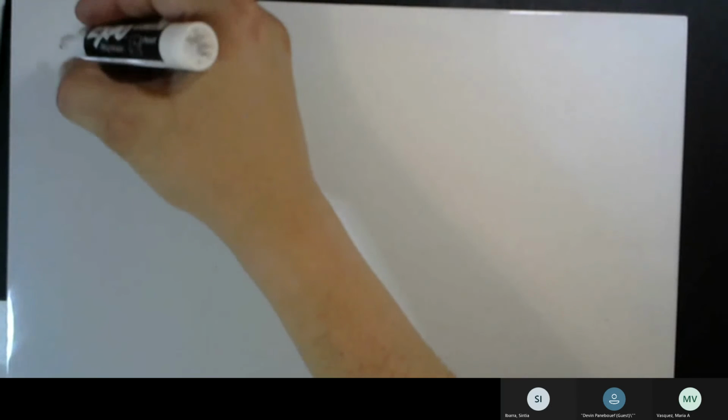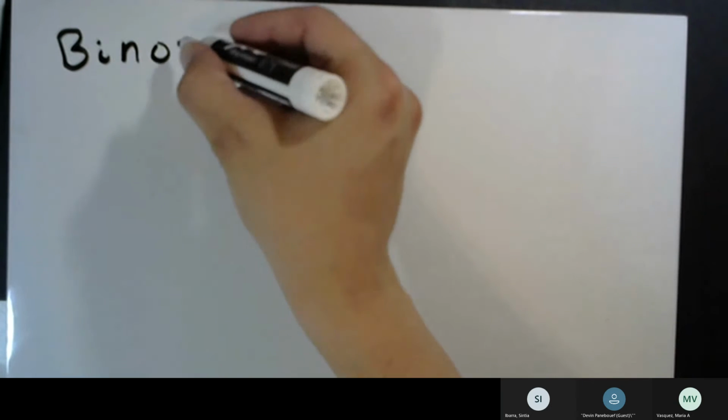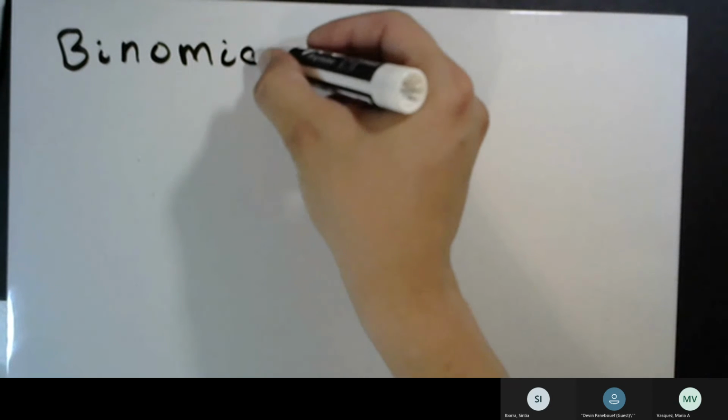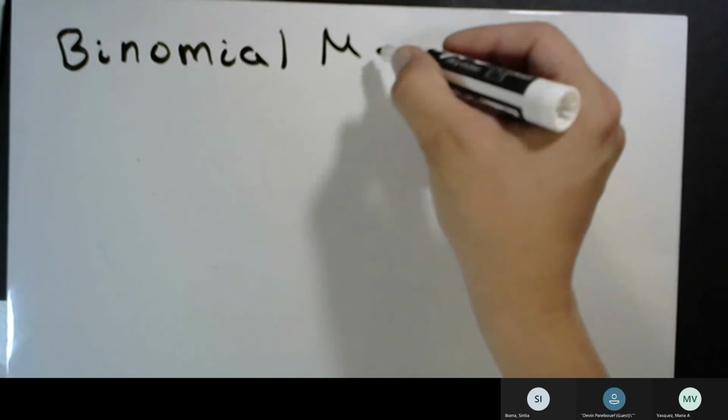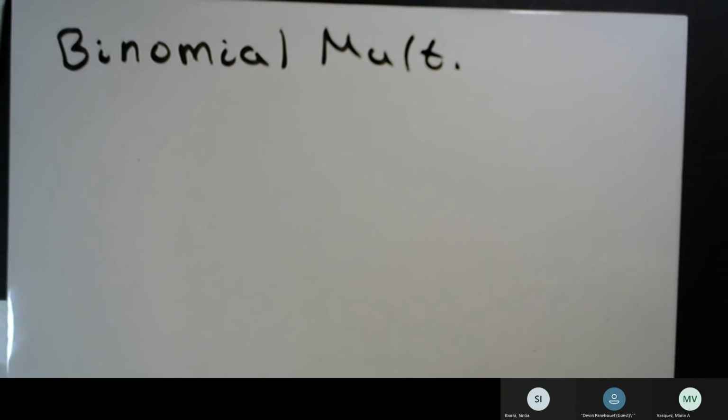I'm sorry if I'm erasing too fast, please let me know. So the next thing you're going to look at are binomials. We're going to look at multiplying binomials. So binomial multiplication.